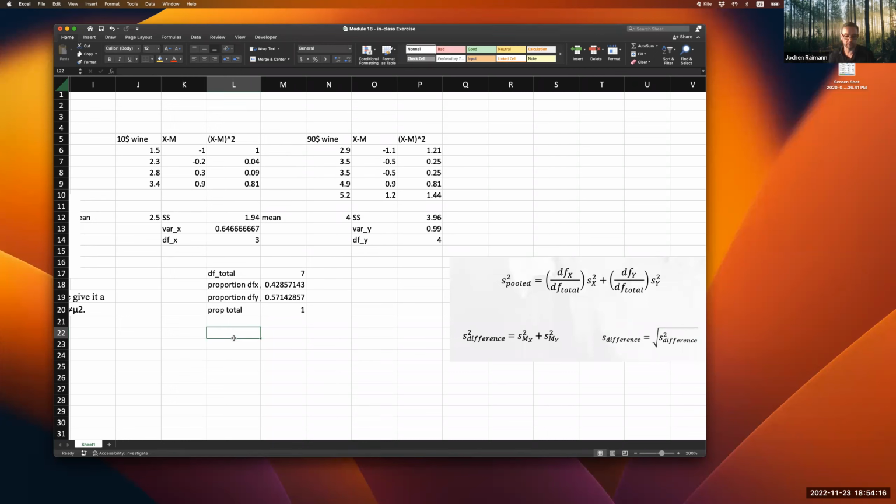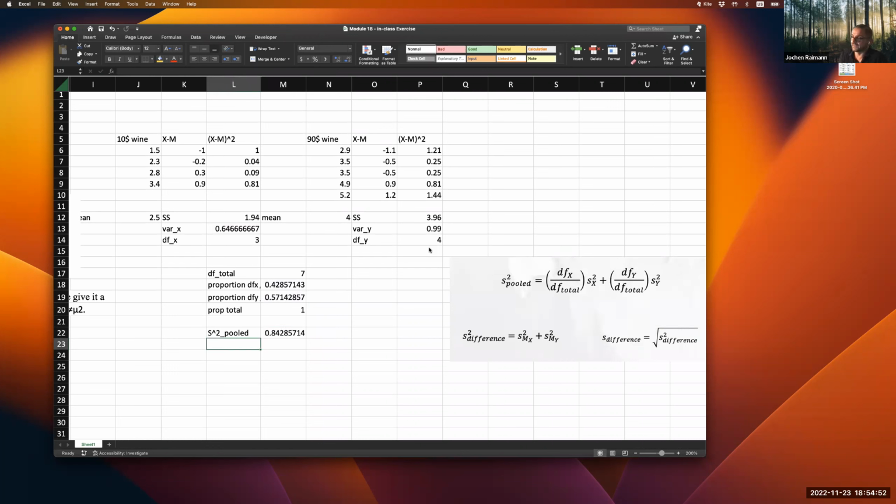So to calculate our S square pooled, we would estimate this as our proportion of degrees of freedom of X multiplied by our variance of X, giving the variance from X the weight it deserves based on the degrees of freedom, adding the proportion of Y multiplied by the variance of Y. And this is our pooled standard deviation, our pooled variance.